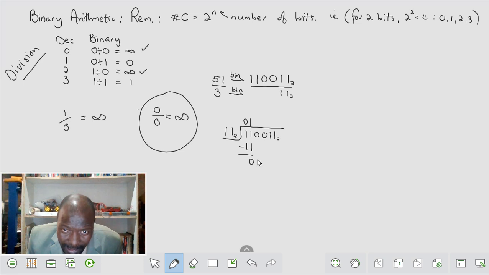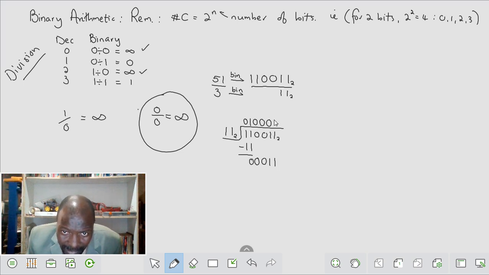Now we bring in this 0 and we say, can this, a new part of the number, go in there? No. We bring in the next one. Can that go in there? No. We bring in the next one. Can that go in there? No. We bring in another one. Yes. Can that go in there?